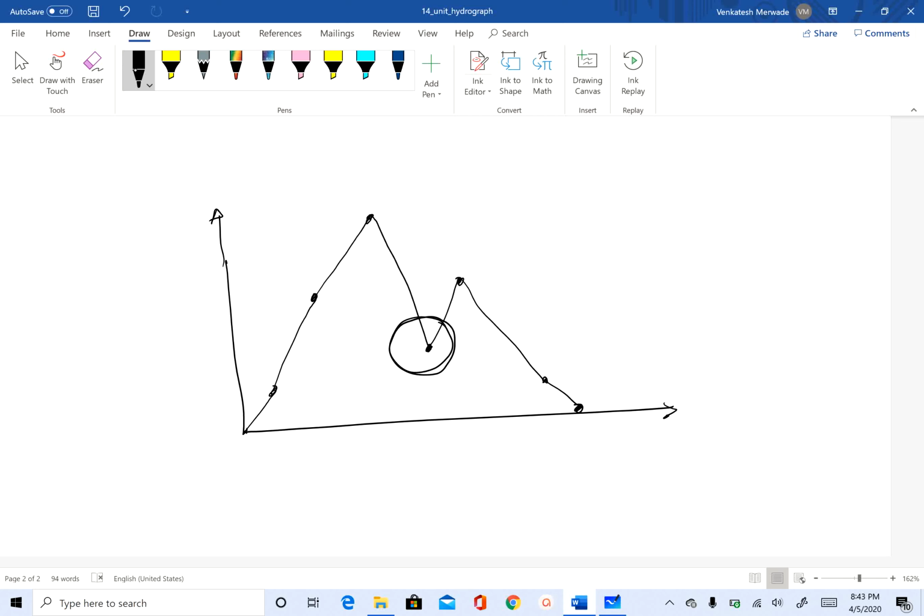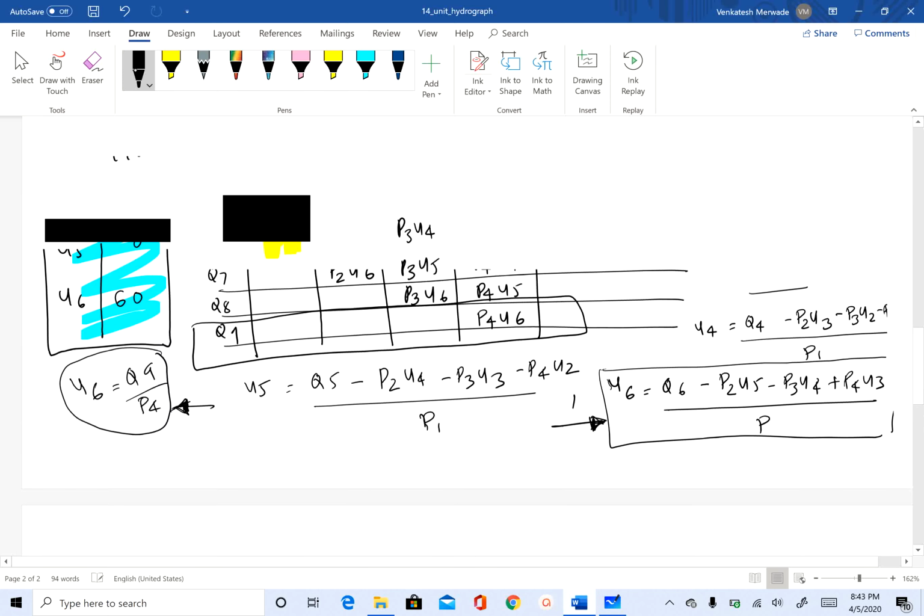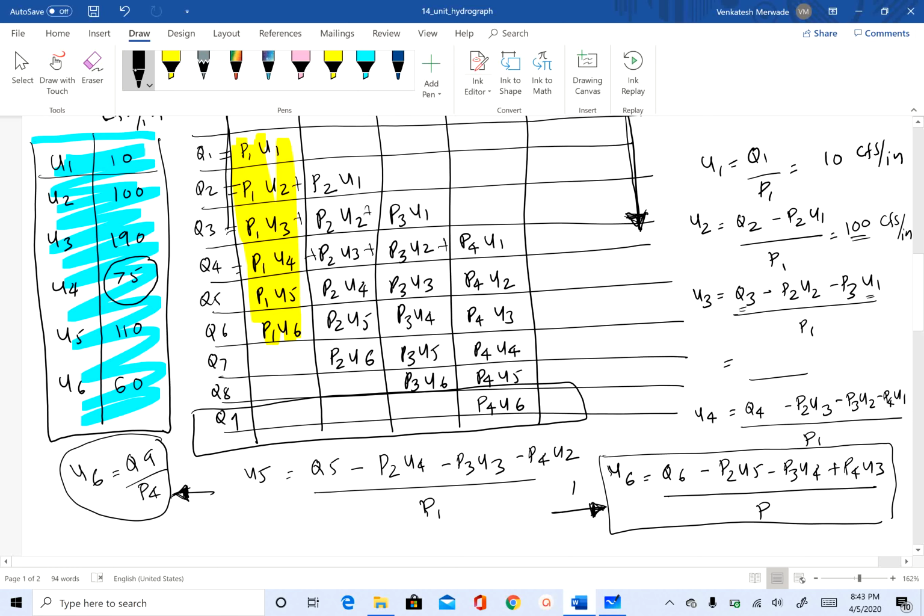Whenever you end up with something like this, you have to fix your unit hydrograph. In this case, we'll just take the average and make this something like this. Instead of 75 here, you will take the average of 190 and 110.